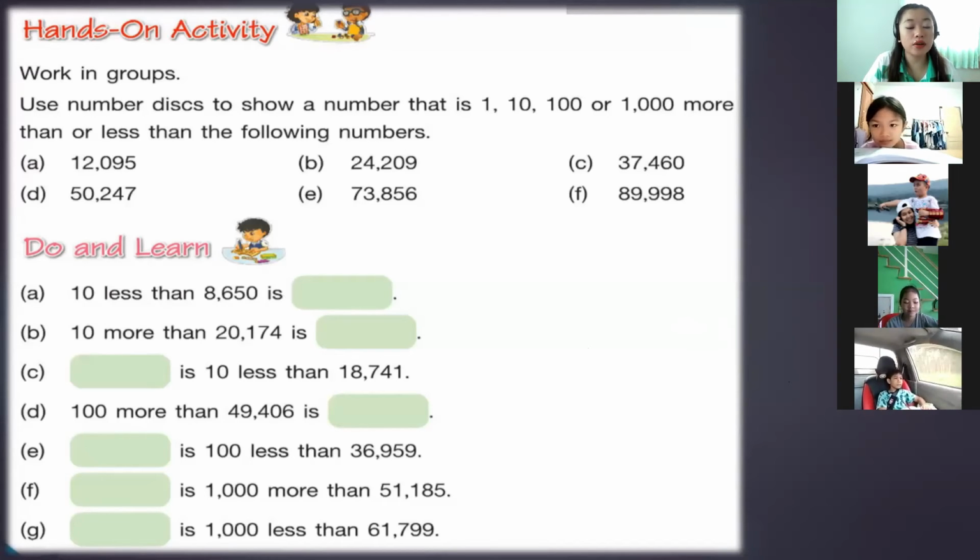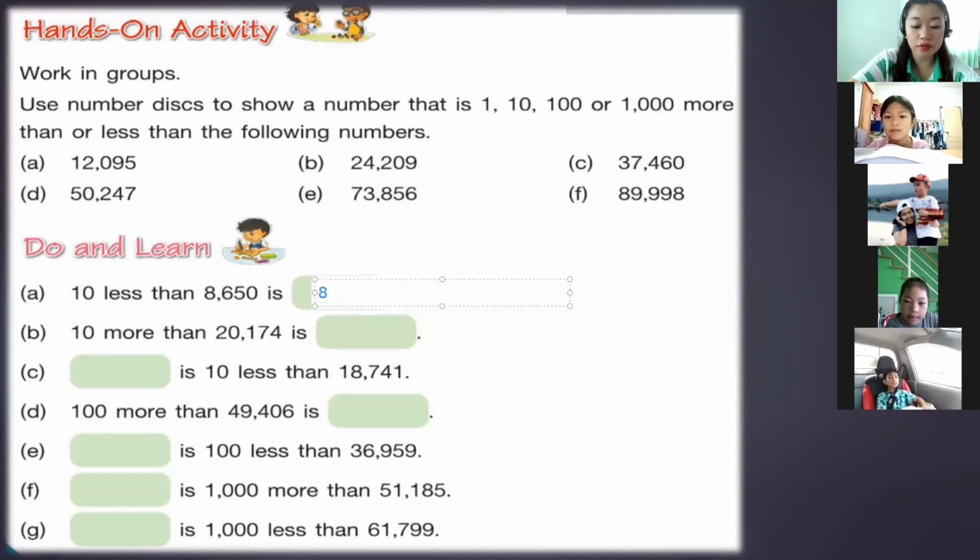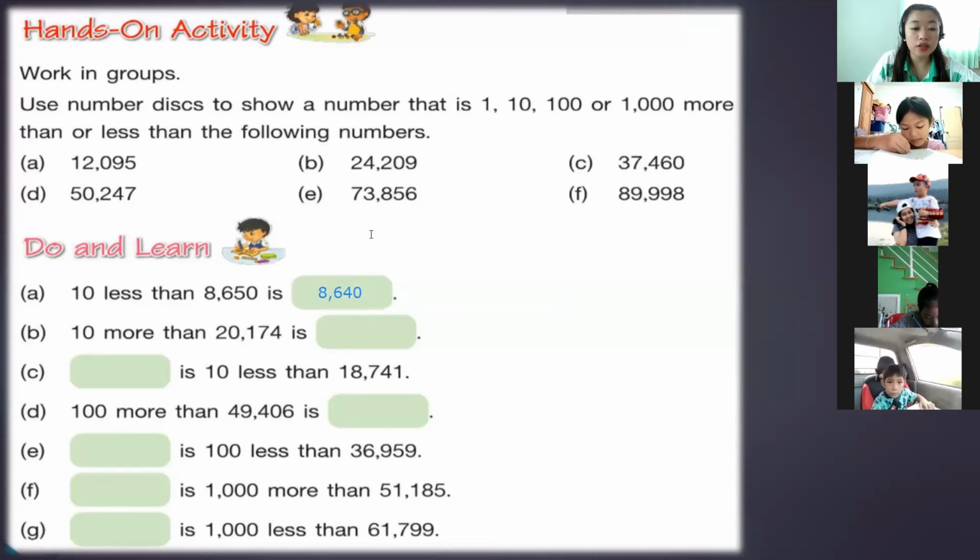If you subtract 10 from 8,650, what would be the answer? 8,650 minus 10 is equal to 8,640, because we just subtracted 10 from 8,650.